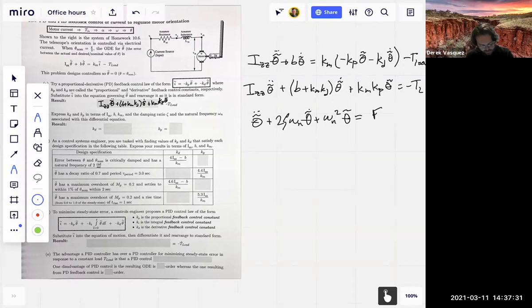Okay. So in this case, we have to divide both sides by Izz because we have to have a 1 in that first coefficient.